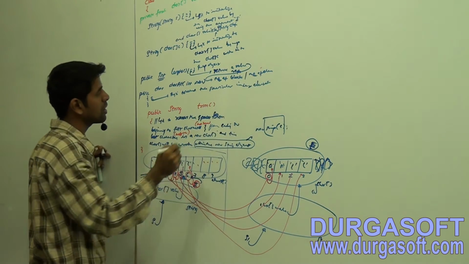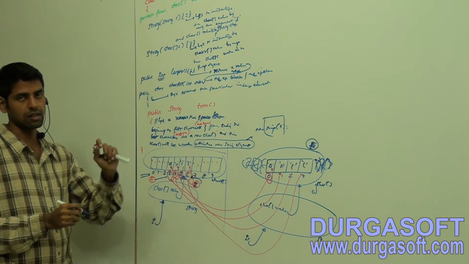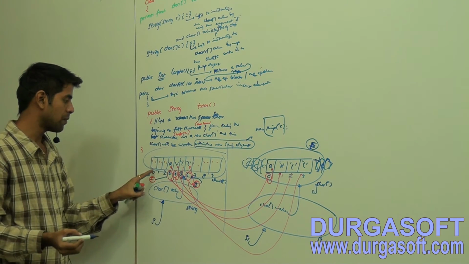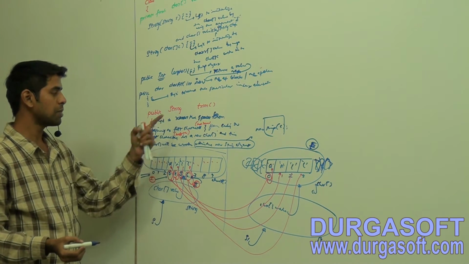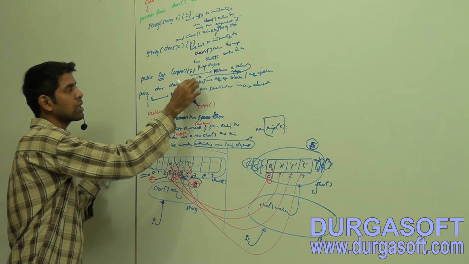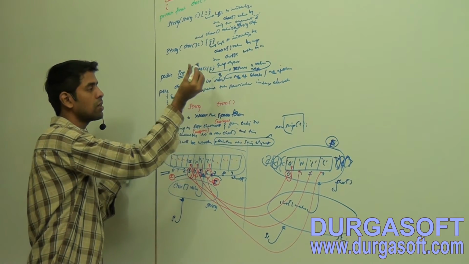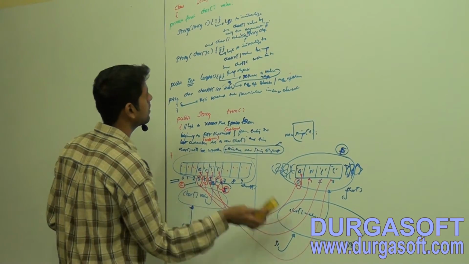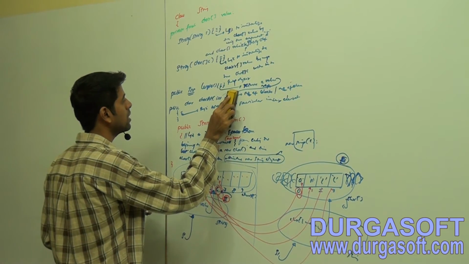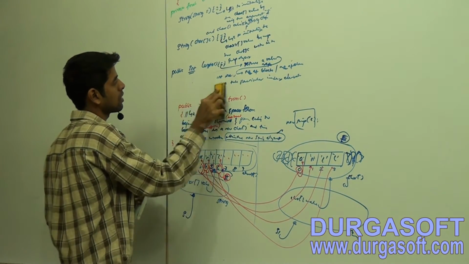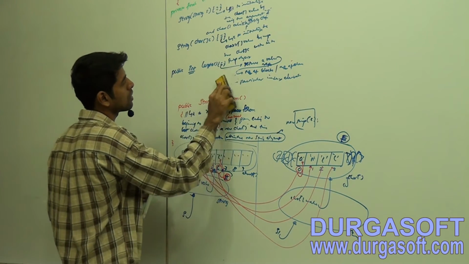If I pass 0, it will return space. If I pass 1, space. If I pass 2, 1, 2. I mean, if I pass 3, it will return a to me. I think it's getting confusing.